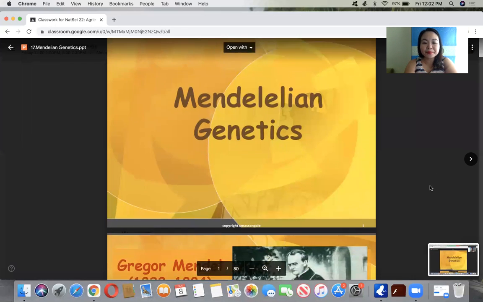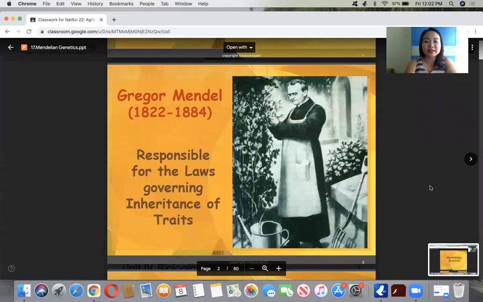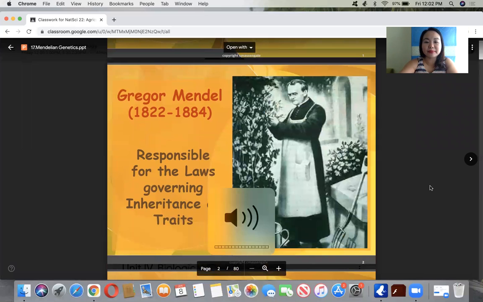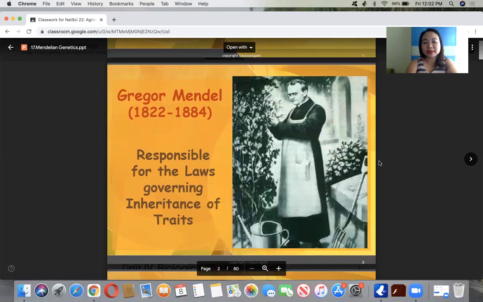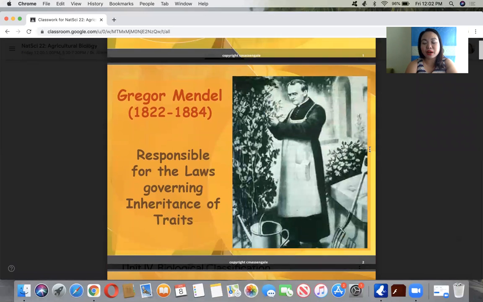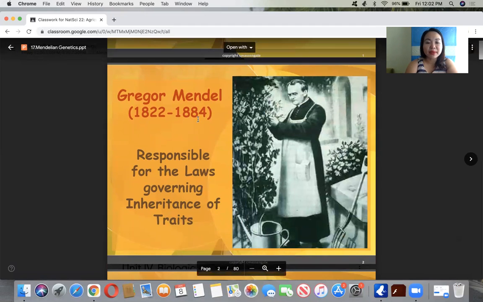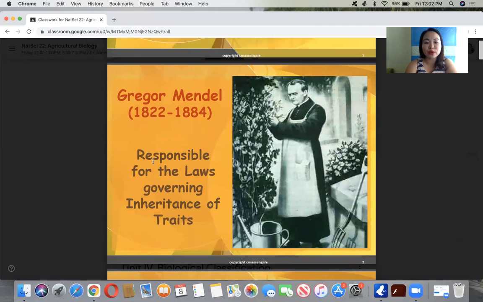It is called Mendelian genetics because he was the founder of genetics. From 1822 to 1884 he was responsible for the laws governing inheritance of traits within his study.